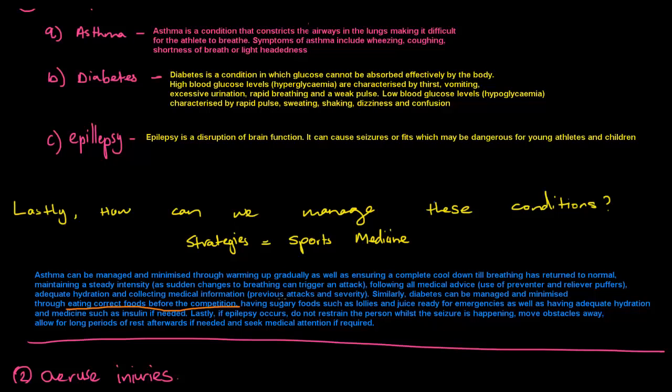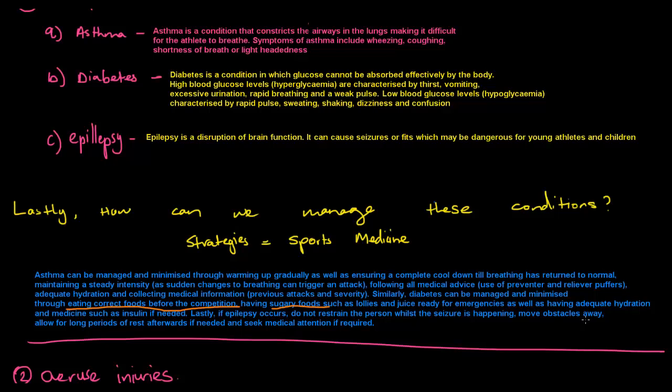Next, having sugary foods available, such as lollies and juice, ready for emergencies. This is specifically targeting people with low blood glucose levels, which is hypoglycemia. If you don't have enough glucose in your blood and you start having rapid pulse, sweating, shaking, dizziness, and confusion, a good idea would be having sugary food in order to increase that blood glucose level and get it back to normal.